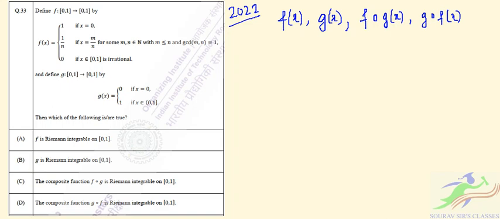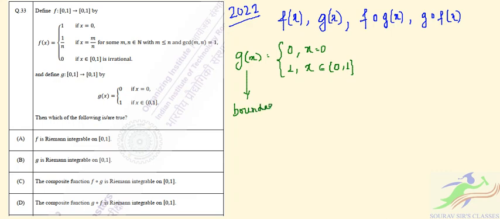It is given that g(x) is 0 at x equal to 0, and 1 on the interval (0, 1]. So from here you can get that g(x) is bounded, and it is discontinuous only at x equal to 0.